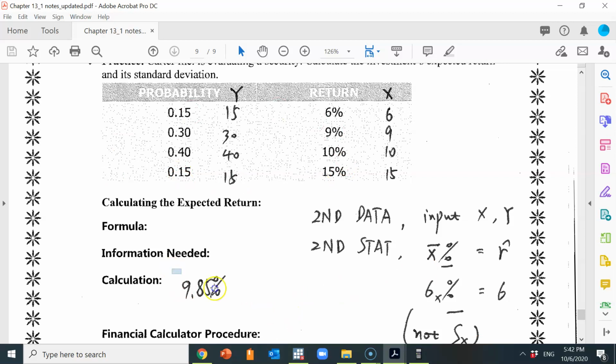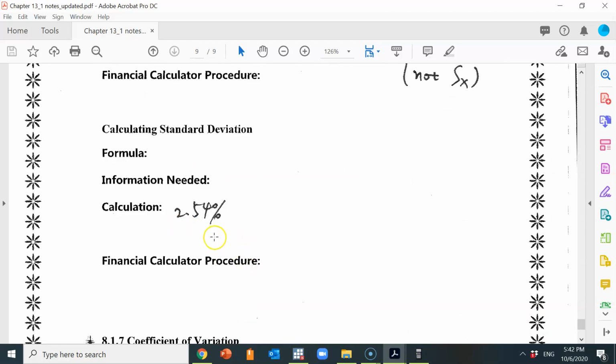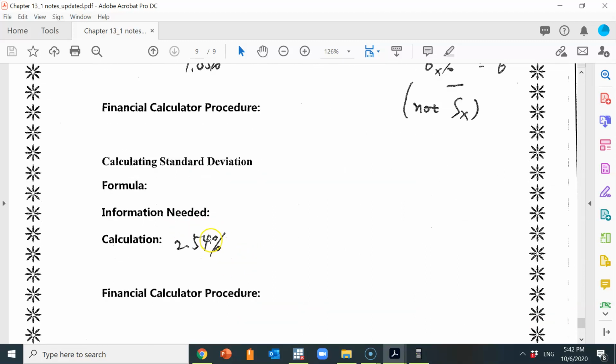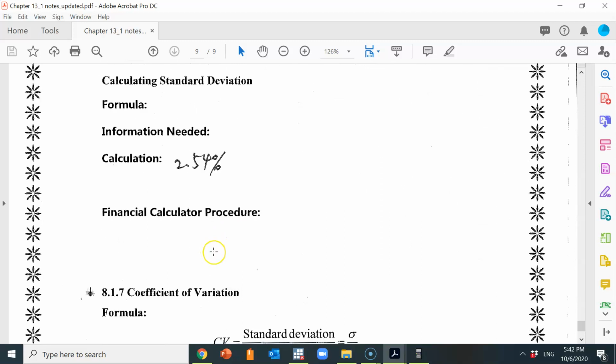So you have 9.85%. And for standard deviation, you have to take these 4 returns, each minus the expected return, 9.85%, square it, multiply by each probability, add them up, take the square root, so you get 2.54%. Okay, that's return standard deviation.